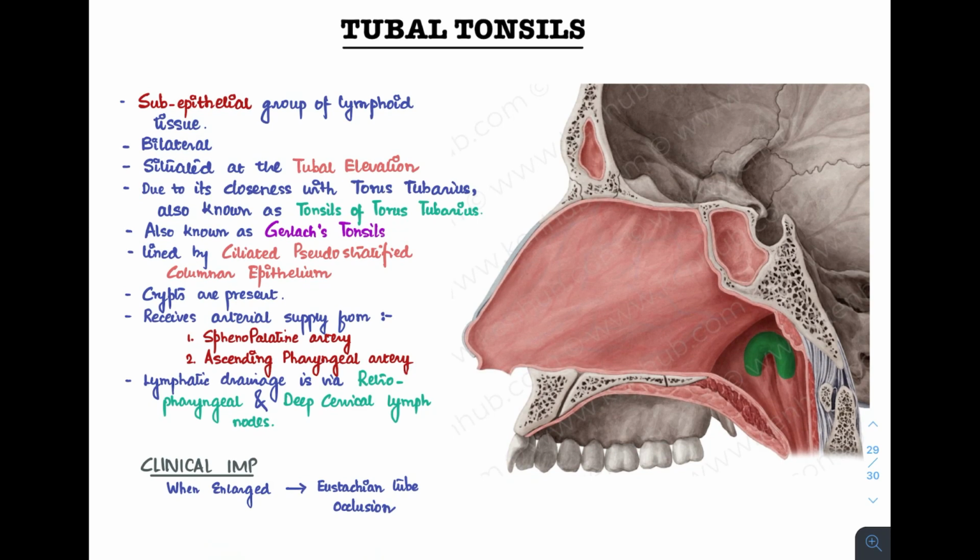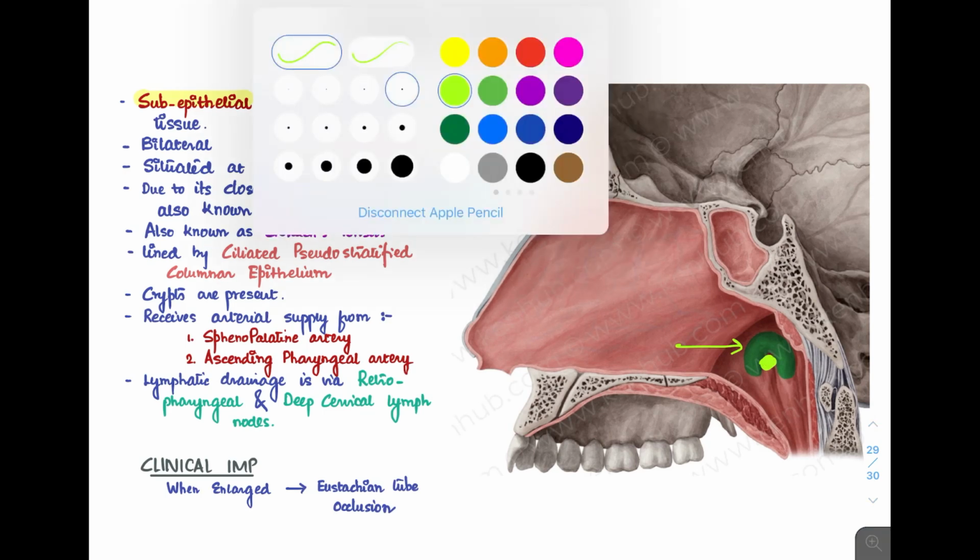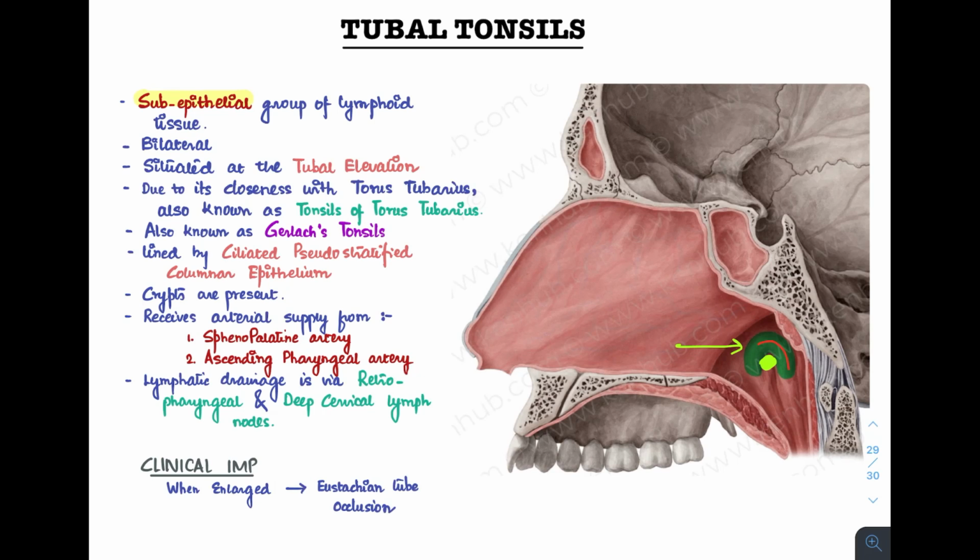It is a subepithelial group of lymphoid tissue situated bilaterally at the tubal elevation. As you can see in this image here, this is the eustachian tube opening, and posterior and superior to that lies the tubal elevation, which houses the tubal tonsils.